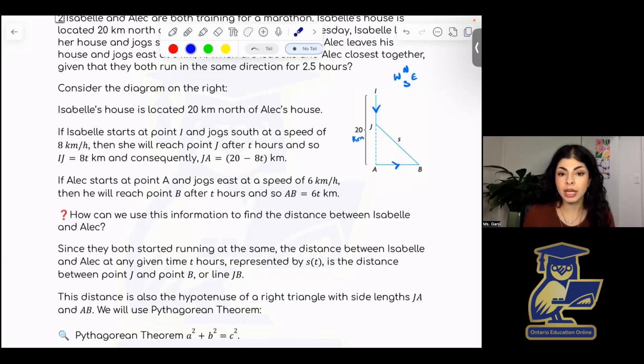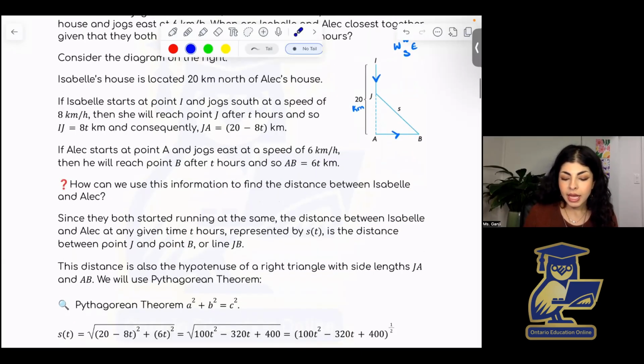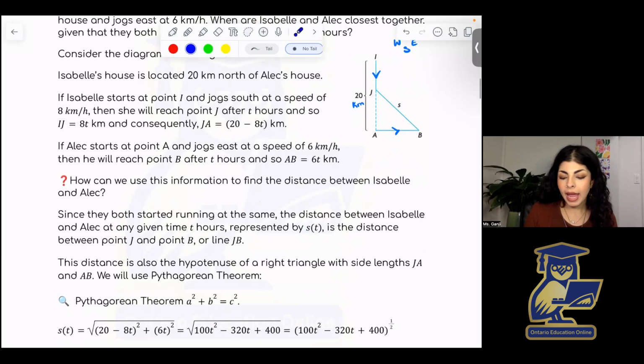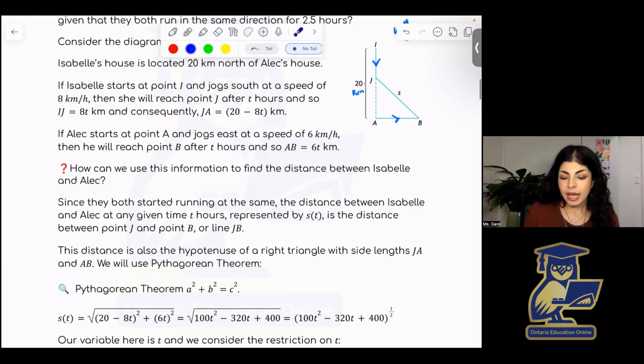So the T is in common for both of them. And so we can now define a new variable, S of T, and this is going to be the distance between point J and point B. It's also the line JB. Because we're working with north and east, this is a right angle.